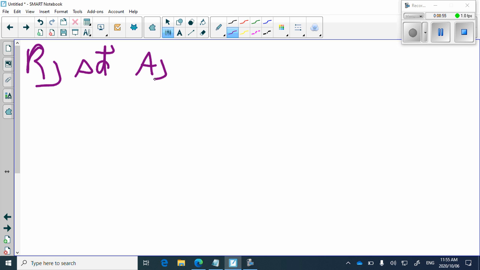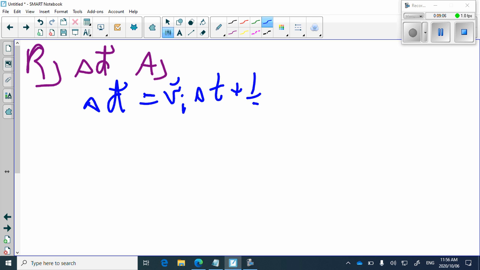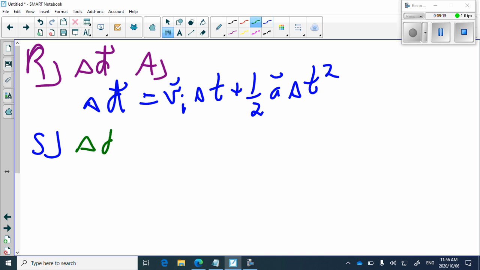So I've been doing this for a while. I know this is the equation. Delta D equals VI delta T plus half A delta T squared. I know that. I've been doing this a while, okay? So there's required analysis, substitution. Let me get another color here. VI, I think, was what?